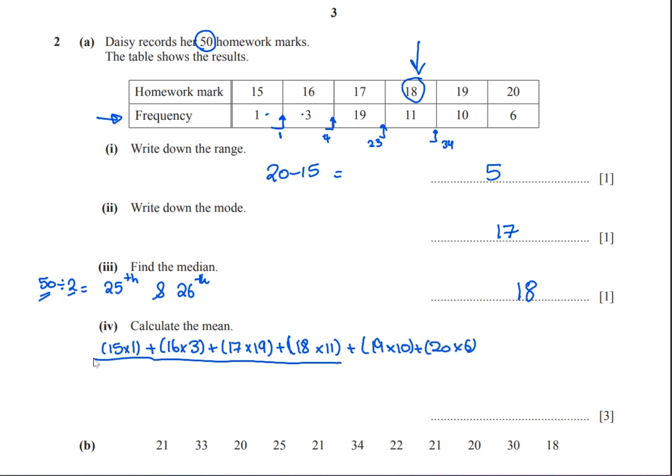All of this should be divided by 50. If we calculate it, it will be 894 divided by 50, which is 17.8.